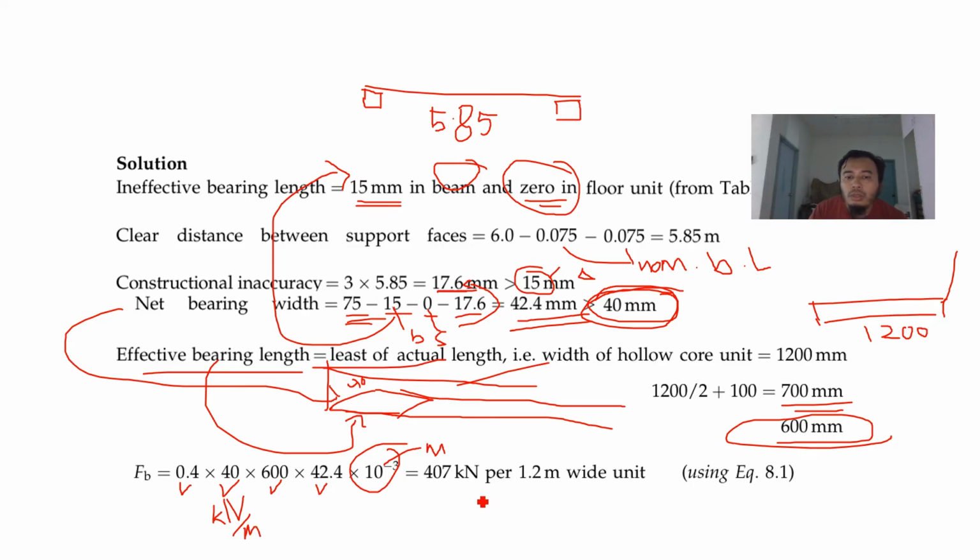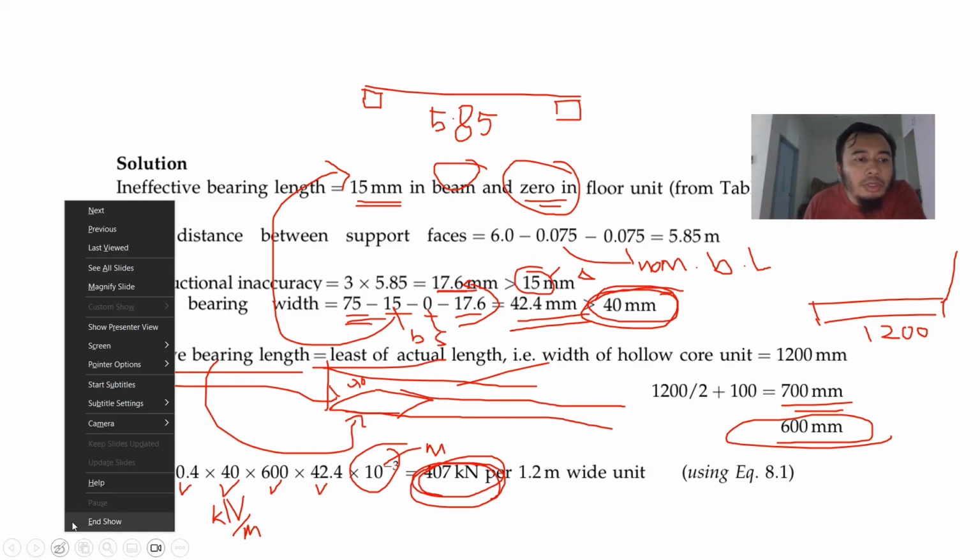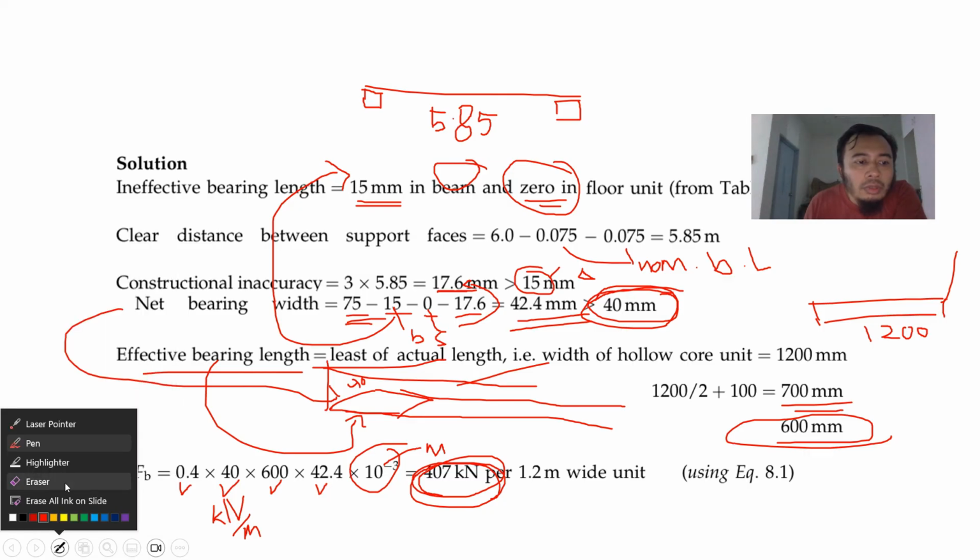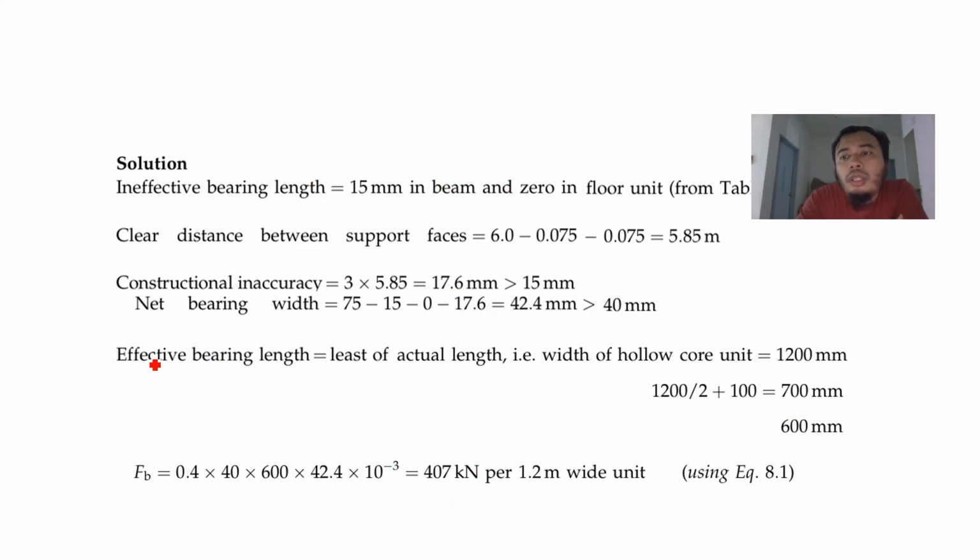So there you get your ultimate bearing force, which is 407 kilonewton per unit component of slab. I hope you understand this and you can do it yourself. Have a try on it so you can get the grasp of the flow of it.